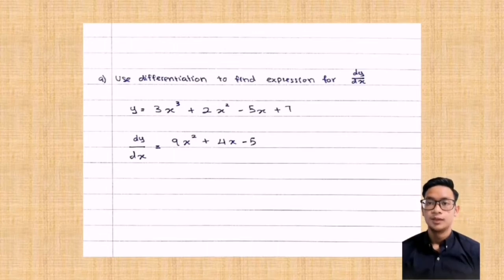Next, negative 5x. The power of 1 is multiplied by negative 5 and the power of 1 subtracted by 1, and we got negative 5 only. For the differentiation of 7, we got 0.